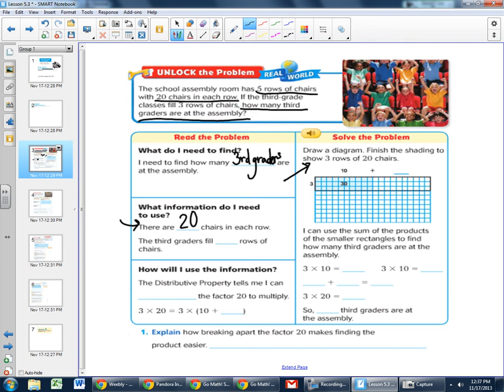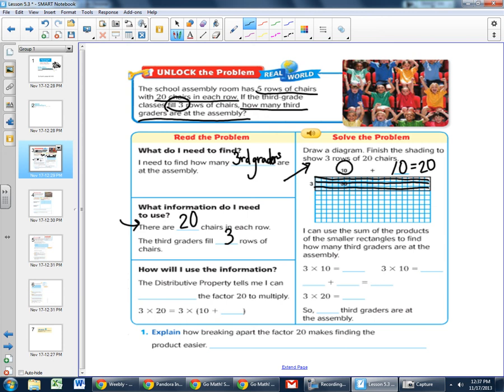So we have 10 right here. 10 plus 10 is going to give us our... Okay. So here is a row. There's our another row, and that's our final row. So we know that they fill 3 rows of chairs.